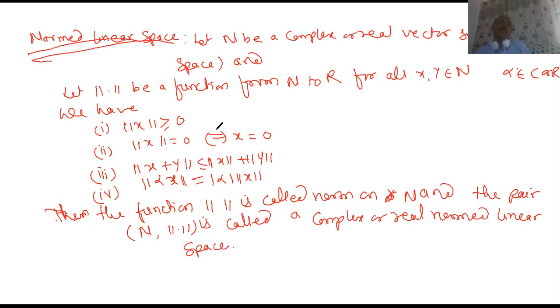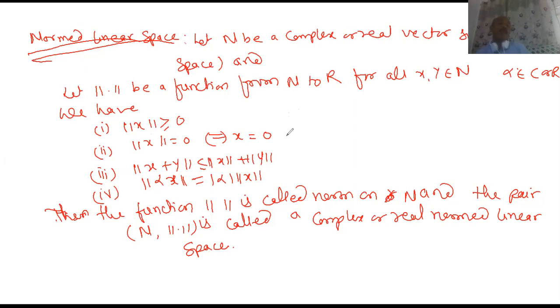There the metric is defined on the set X; here the norm function is defined on N. Let N be a complex or real vector space or linear space, and we define a new function from N to R, for all x, y belongs to N and alpha belongs to C or R. We say it satisfies the following axioms: norm x is greater than or equal to 0, just like metric d of x, y is also greater than or equal to 0. Second one: norm x is equal to 0 if and only if x is equal to 0.